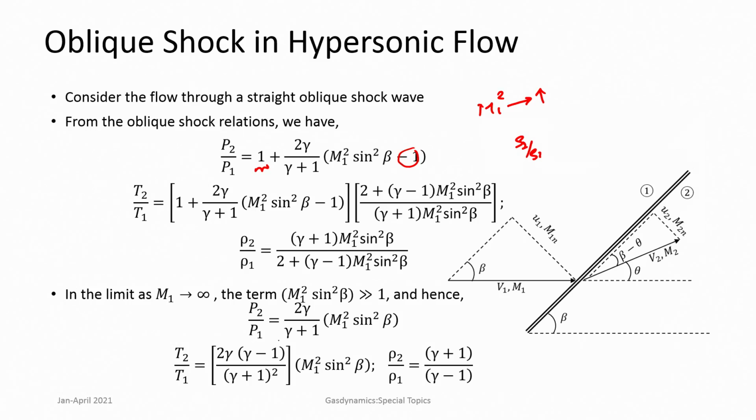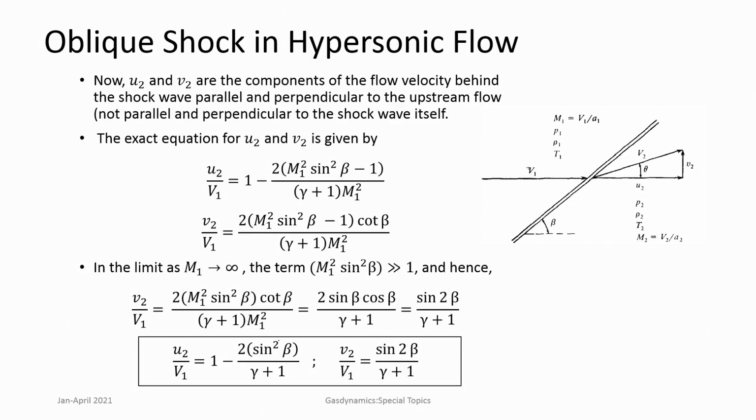Okay. So you can also consider the components of flow velocities parallel and perpendicular to the upstream flow. This is slightly different from the usual discussions where we consider parallel and perpendicular to the normal shock.